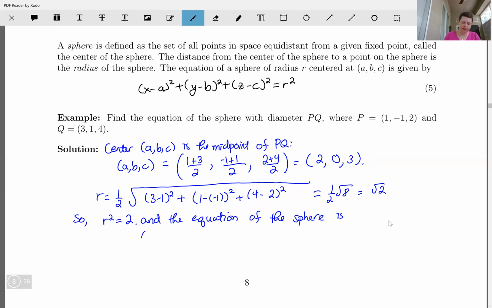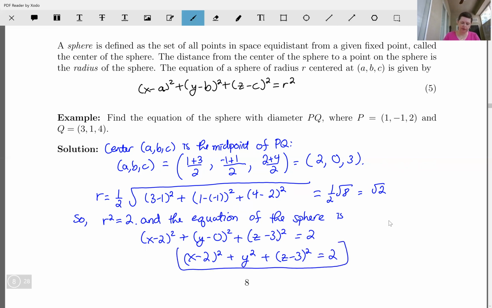I'm going to have (x - 2)^2 + (y - 0)^2 + (z - 3)^2 = 2, or writing that a little more nicely, because y minus 0 is just y, we get this equation here. Awesome, so that's our equation of the sphere.